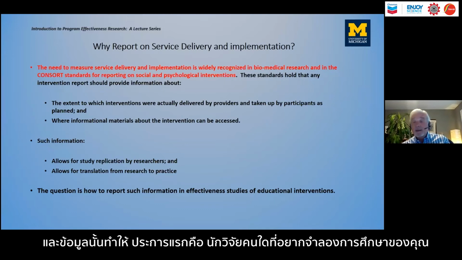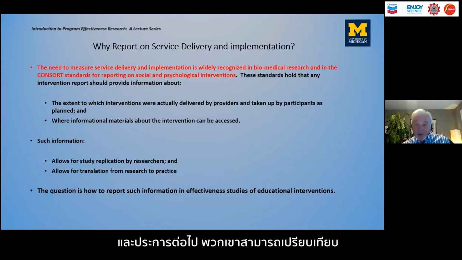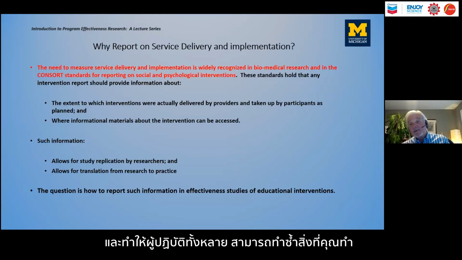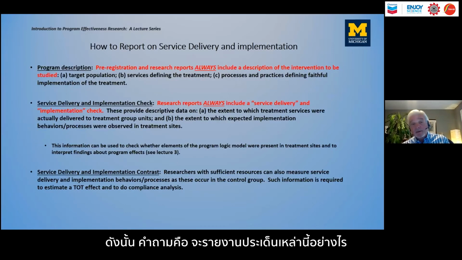That information allows, first of all, any researcher who wishes to replicate your study to do so, because they know what the treatment was and they can compare how the treatment was administered in their study to your description. And it allows practitioners to actually replicate what you did in your experiment. So the question is how to report on these issues.